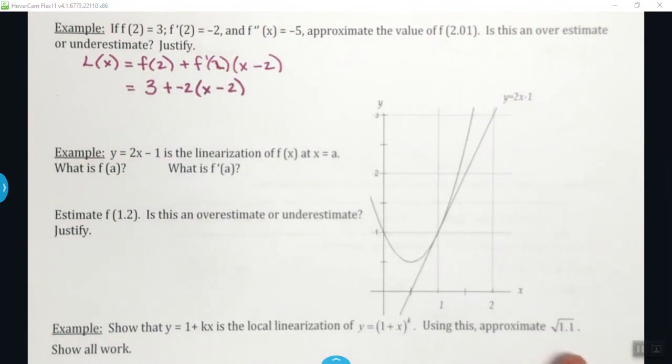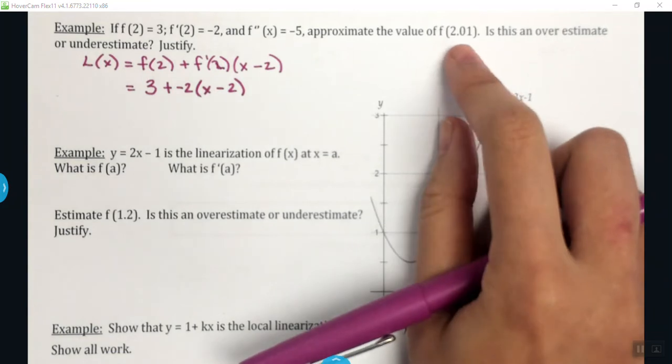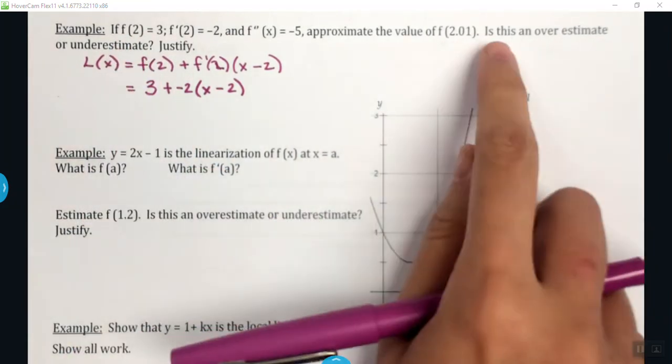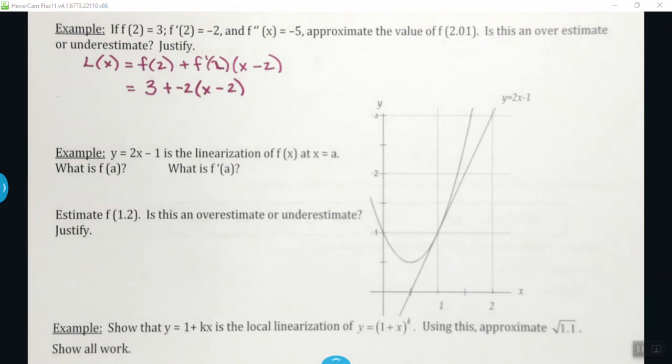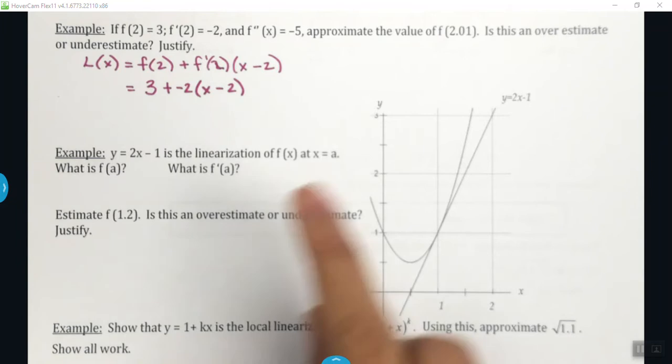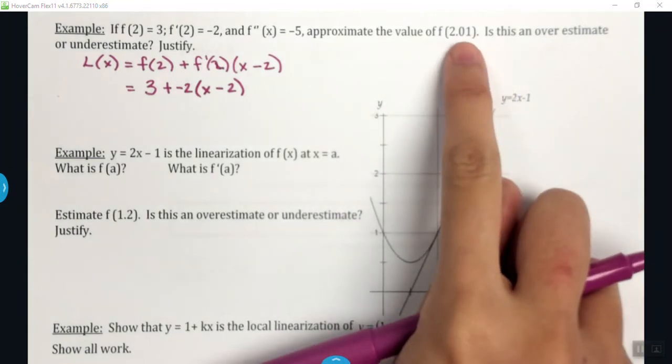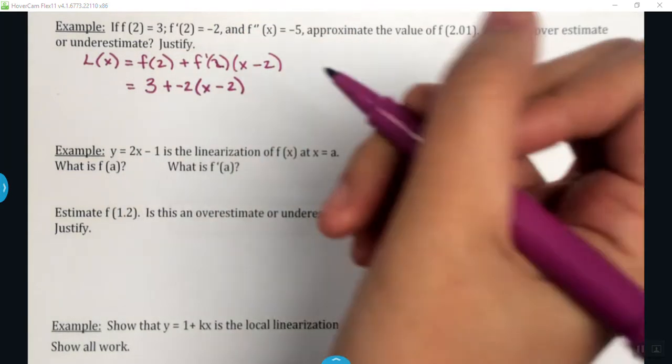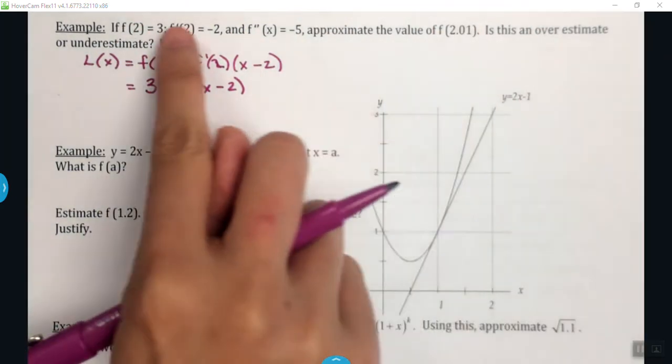We're approximating the value of f of 2.01. So what should x be? 0.01, right? Because this is f of x, so that we can't really solve because it's just f of x and x.